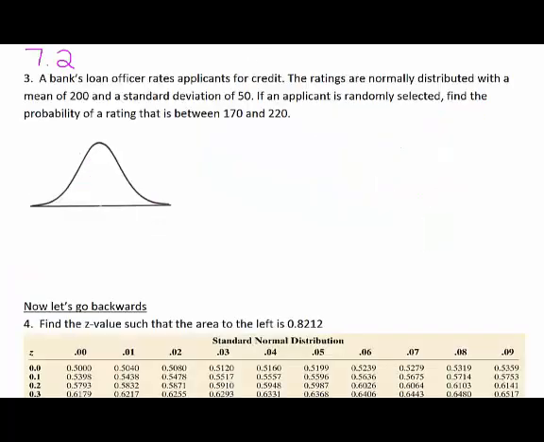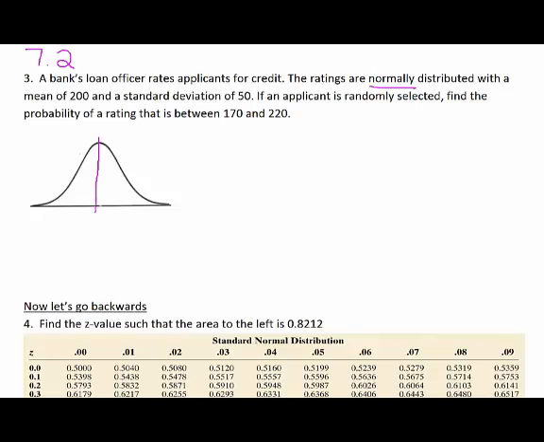All right, number 3 says this loan officer needs to rate applicants for credit, and the ratings are normally distributed, so that means we get to use our normal curve. The mean is 200, standard deviation is 50. Instead of getting overloaded with all of our information, let's go ahead and write some of that down.